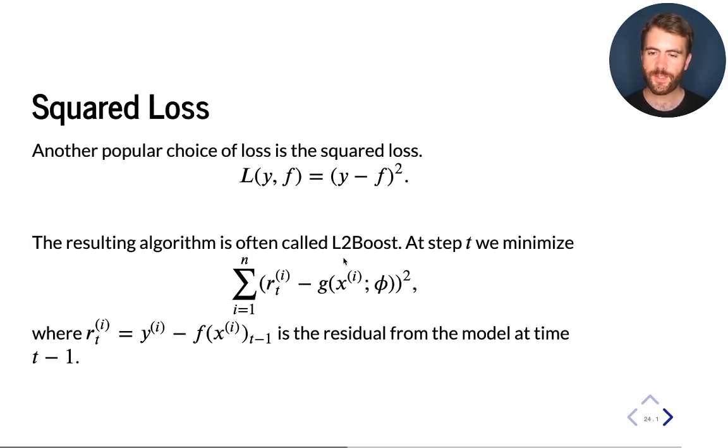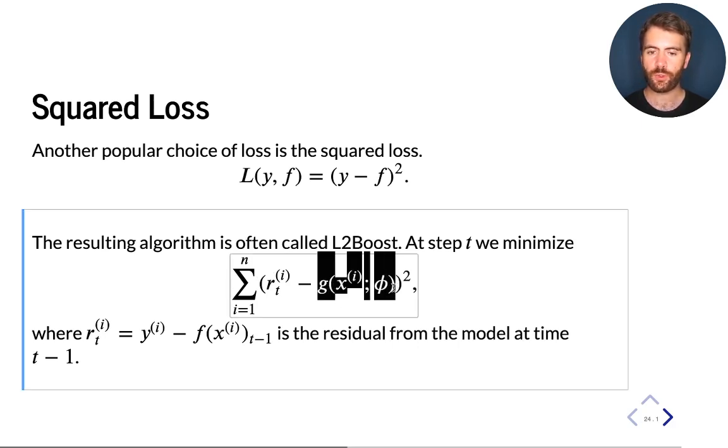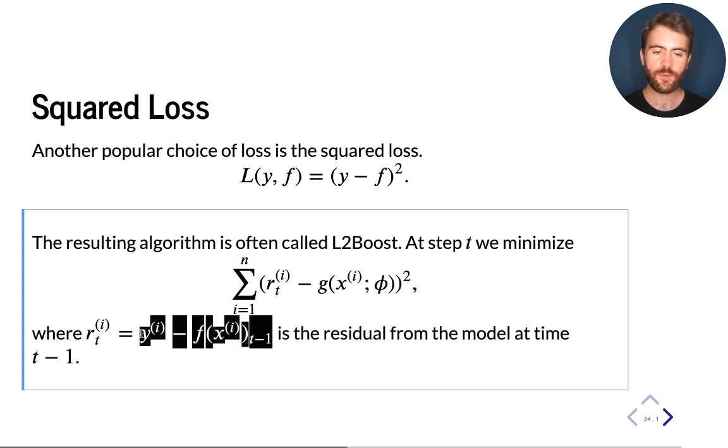In this algorithm, we can show that at each time step t, we solve the following minimization problem, where this new model G that we're adding to our ensemble minimizes the L2 error, where the target that it's trying to fit is this variable called R, and R is simply the difference between Y and the prediction from the previous model. So this is the residual.